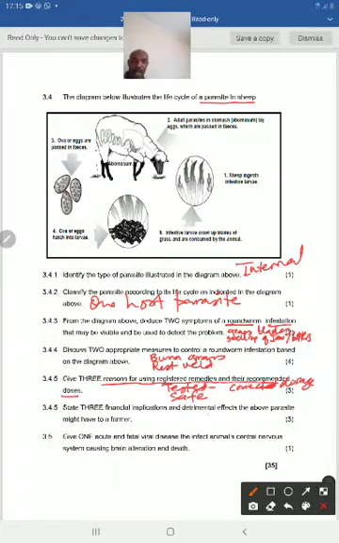Ne? And yeah, so state 3 financial implications and detrimental effects of the above parasites might have to the farmer. Definitely, roundworm you need to deworm. So the cost of deworming, or of buying the chemicals to deworm, that is the anthelmintics.